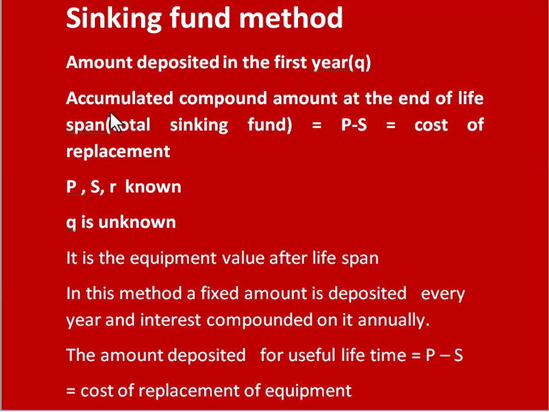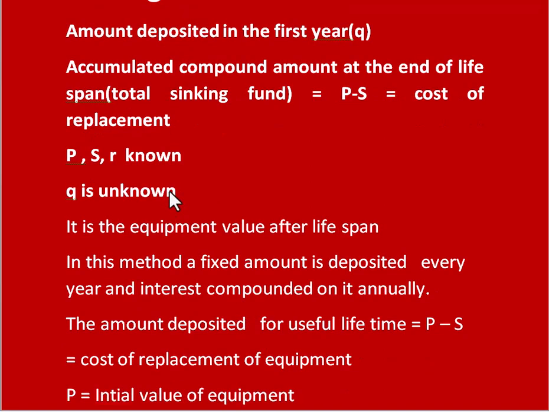At the end of the lifespan, the total sinking fund will be equal to the initial value of the equipment minus the scrap value of the equipment. And in this case, small r is the rate of interest. All parameters are known except Q.